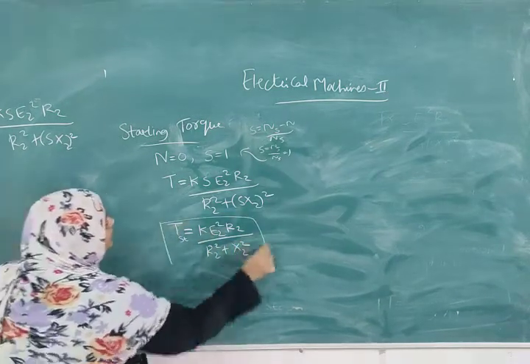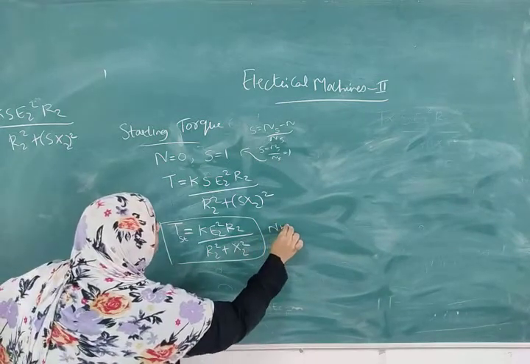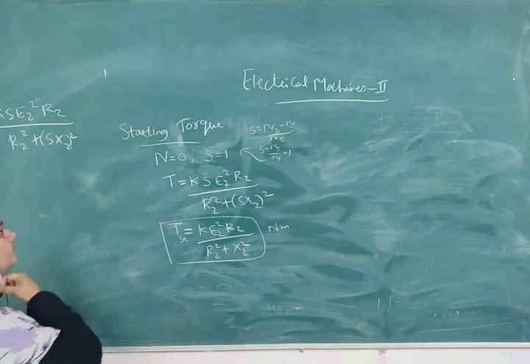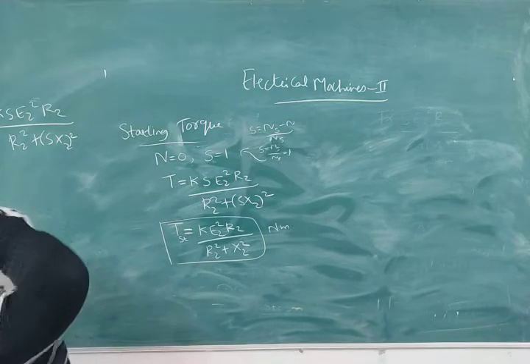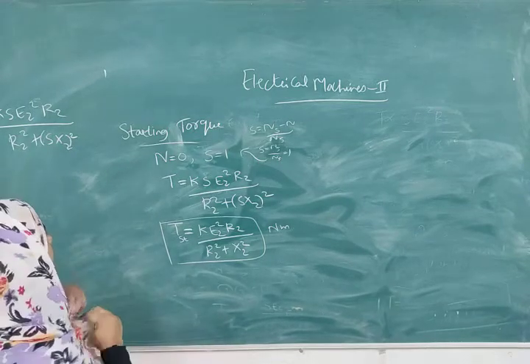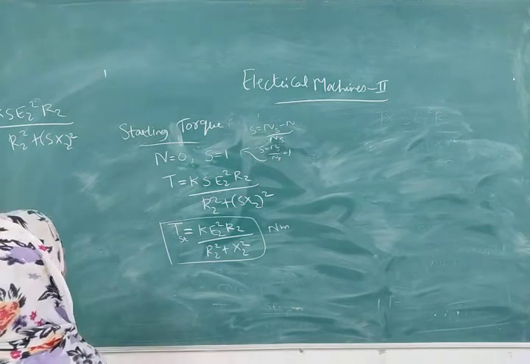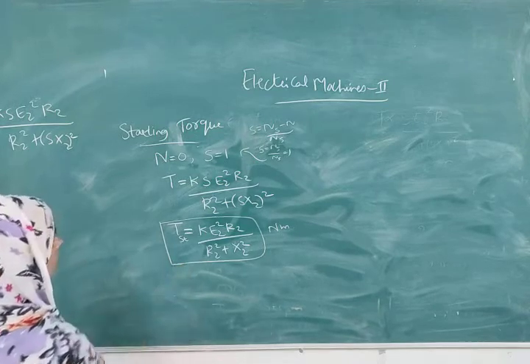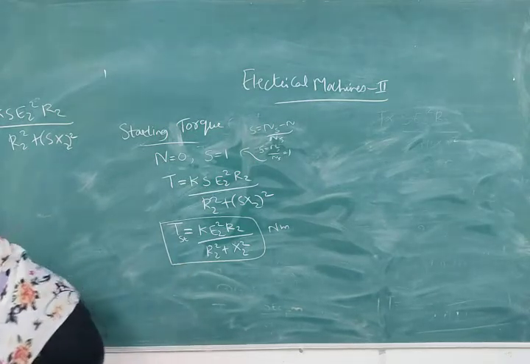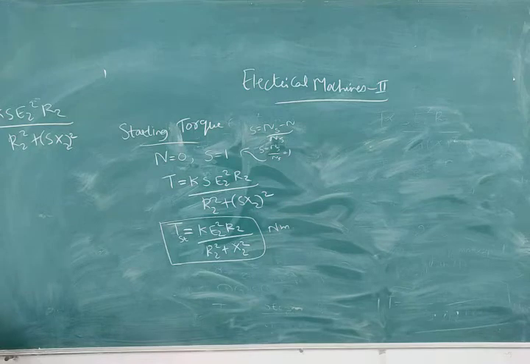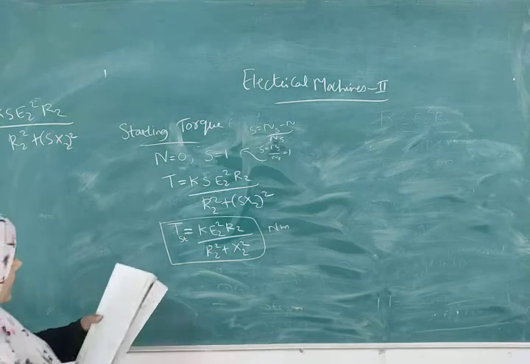This is the starting torque. The unit of torque is Newton meter. Now let us derive the condition for maximum torque. Before deriving that, we can solve a numerical here.